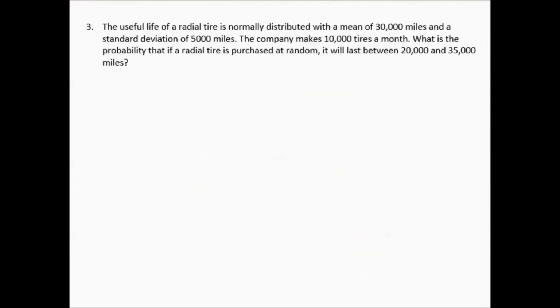Let's look at two more examples. The useful life of a radial tire is normally distributed with a mean of 30,000 miles and a standard deviation of 5,000 miles. The company makes 10,000 tires a month. What is the probability that if a radial tire is purchased at random, it will last between 20,000 and 35,000 miles?